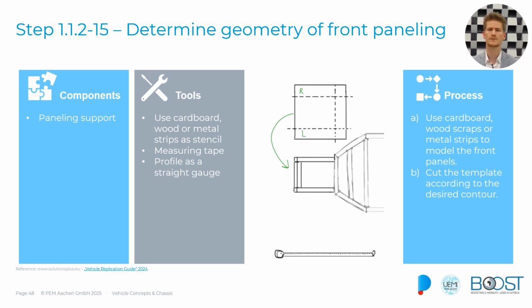And we will then, as we can see here, use this and our support, which is now seen from above, and create the template we will then need in one of the further steps in order to create the actual front panel. So we use the cardboard to place it on here, and then draw the lines we need, and then we cut according to the lines and create the template. So we end up with the desired contour we want to have.